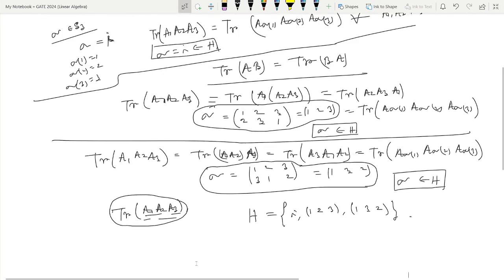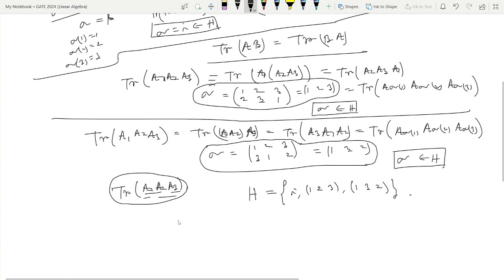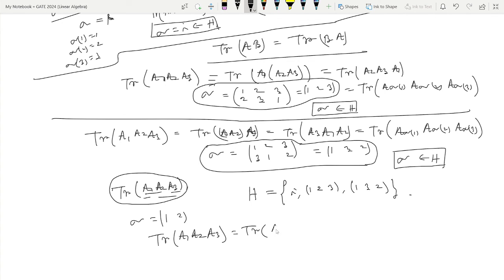Just verify that the other sigmas cannot belong to H. Take sigma equal to, say, (1 2), and verify that there exist A1, A2, A3 for which it fails. If sigma equal to (1 2) belonged to H, then we must have trace A1, A2, A3 equal to trace A sigma 1, that is A2, A sigma 2, that is A1, and A sigma 3, that is A3.